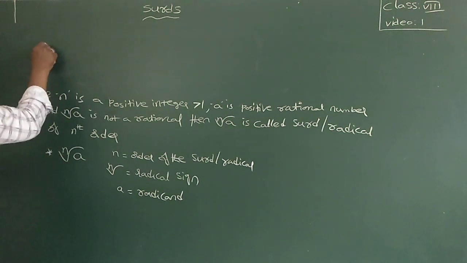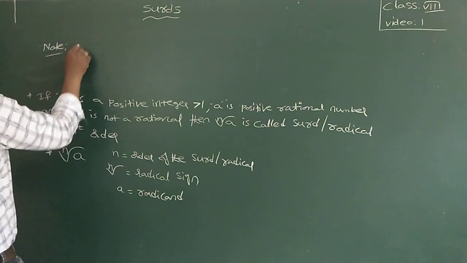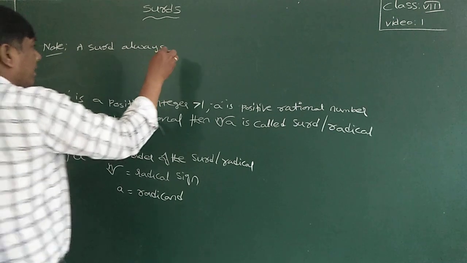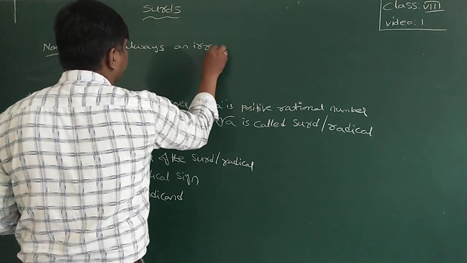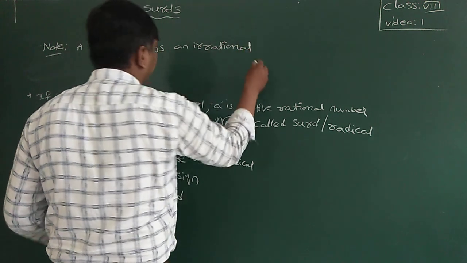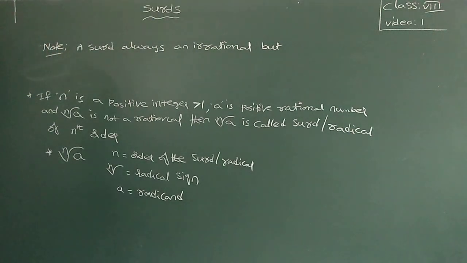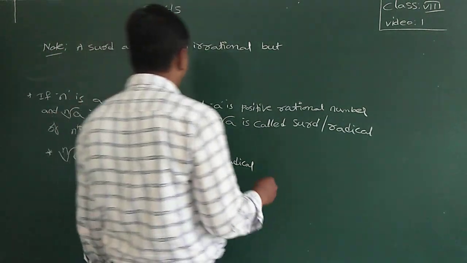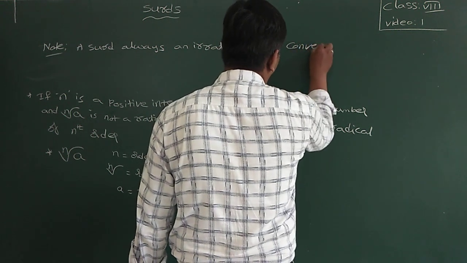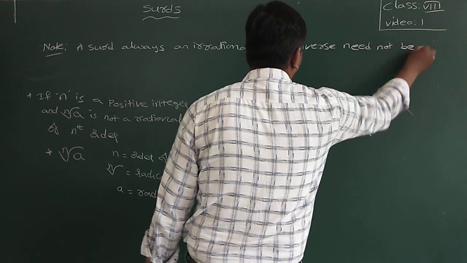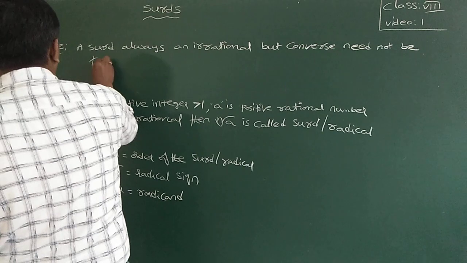Another very important note is a surd is always an irrational number, but the converse need not be true.